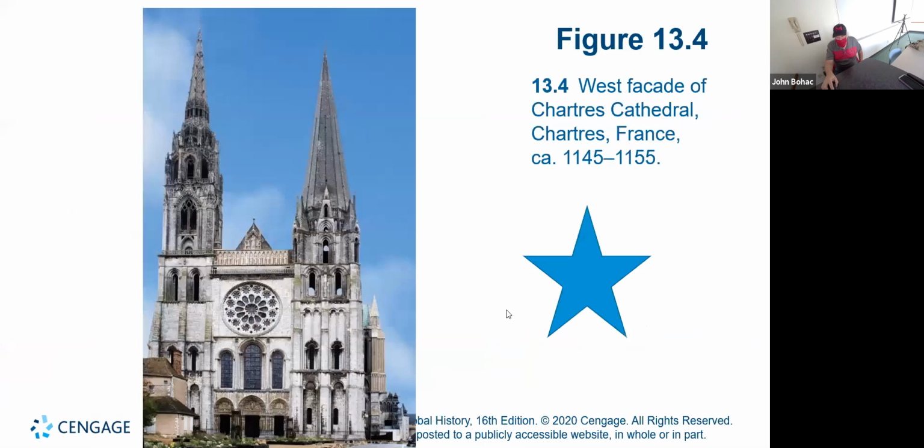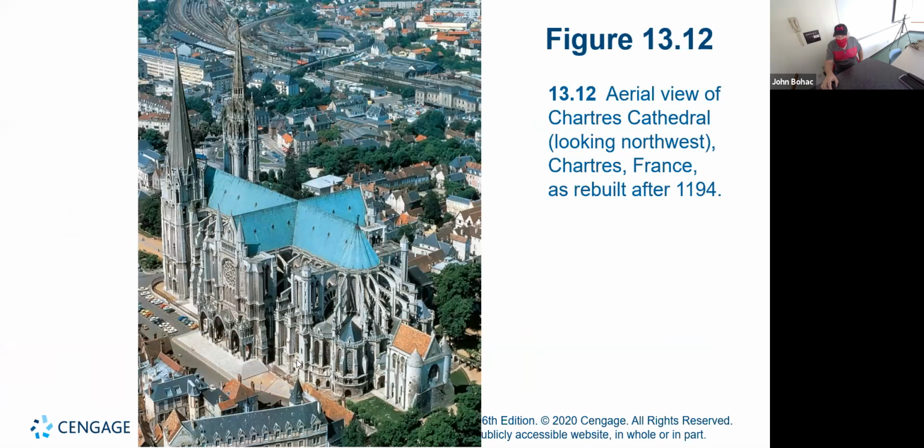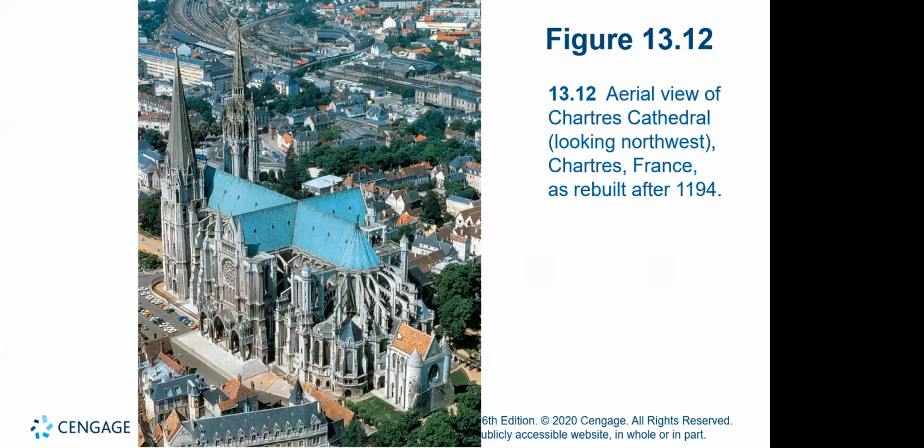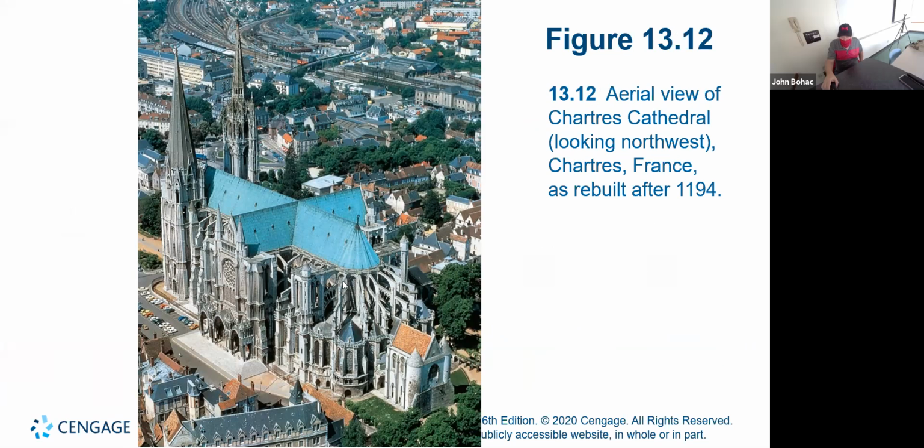I'm going to get a good picture of this. Chartres Cathedral. I hear a dog. Good puppy. These things right here, these are called flying buttresses, and they help hold the weight of the ceiling, and they help take a lot of stress off the walls.